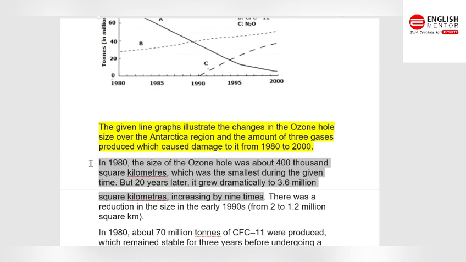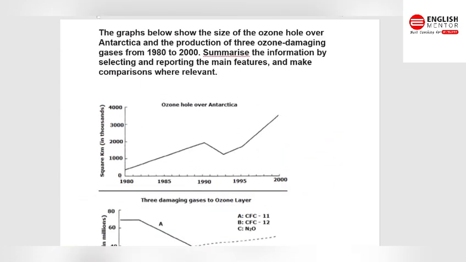So let's see where they have mentioned it. Here you can see it was under 1000, then it reached this level in thousands. So by the end it grew up to this.